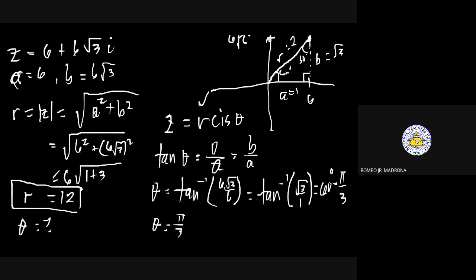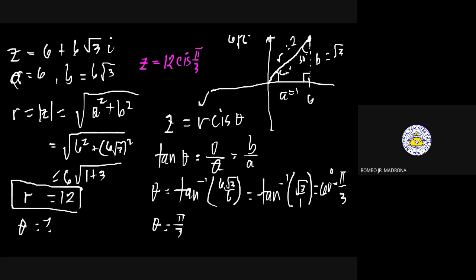So, therefore, alam mo na kaagad si R, 12. Di ba? Yung mga tamad na mathematician, dahil sa katamaran nila, we're making our life easier than before. So, okay lang naman pala maging tamad. Basta masipag ka, di ba? Pi over 3.